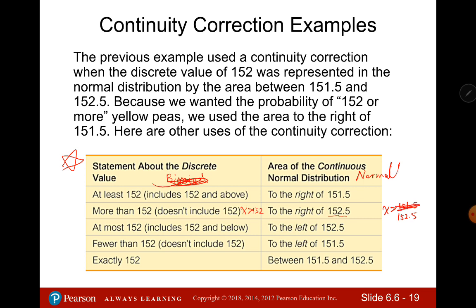But if we pick this one, then we make sure 152 is excluded in this interval. So this one is the correct answer. Basically, we need to check the single point, then pick which value is correct after the correction. You can use my way to help you understand which value we pick, or you can memorize the correction table for the binomial distribution.